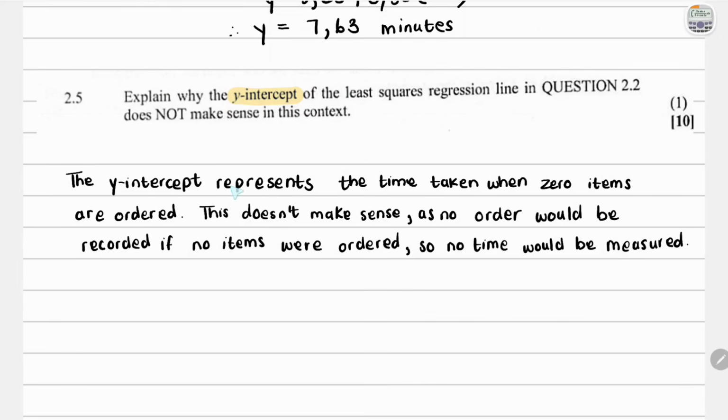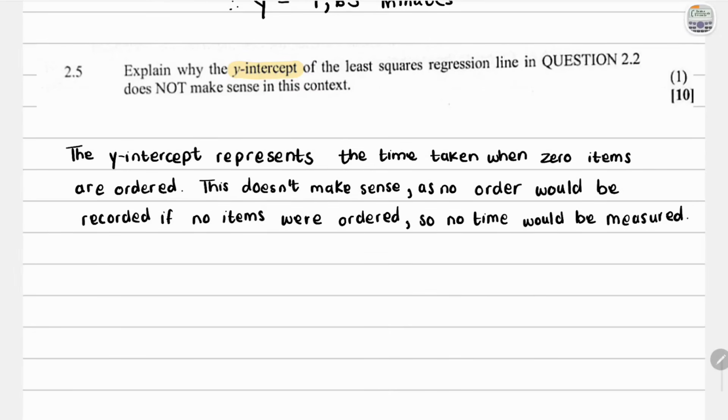Okay, so the y-intercept represents the time taken when 0 items are ordered. So this doesn't make sense, as no orders would be recorded if no items were ordered. So no time would be measured. Okay, so it simply doesn't make sense because he's only recording when an order comes in. So no order, meaning no time to record.